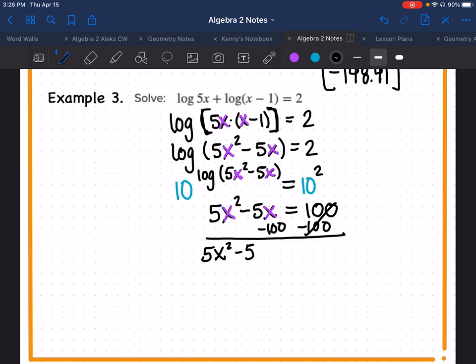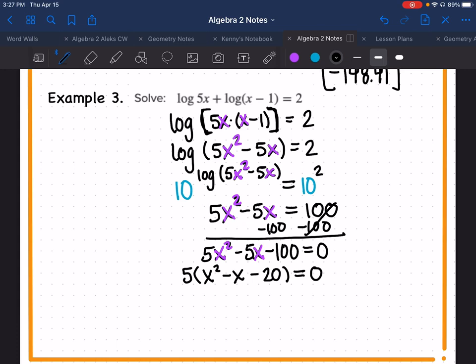Now, as I'm copying this, I'm thinking to myself, there is a number that goes into 5 and 100, and that number is 5. So I'm going to divide both of these. I should be highlighting the square, huh? I'm going to divide this by 5. So if I divide everybody by 5, I end up with x squared minus x minus 20.